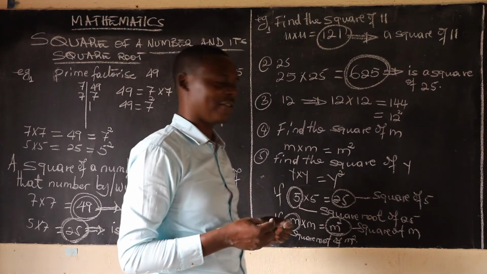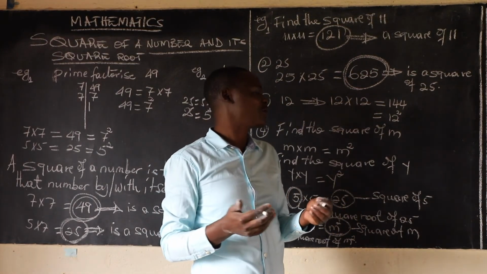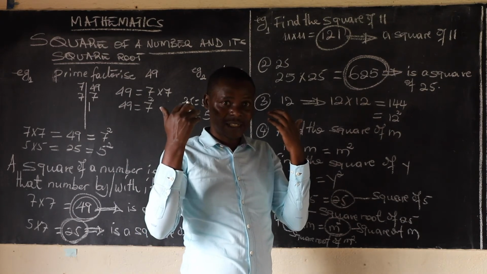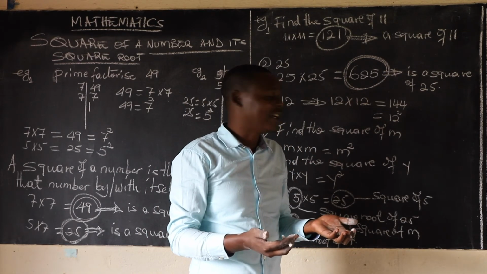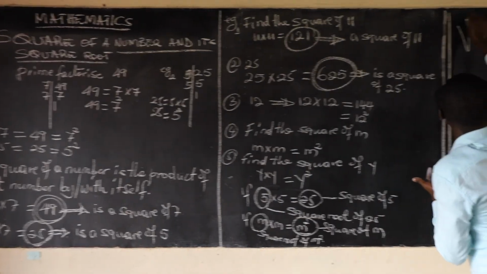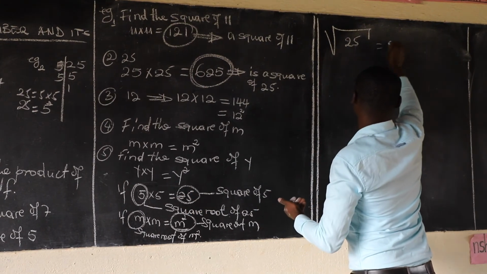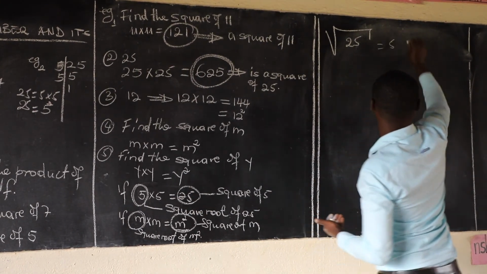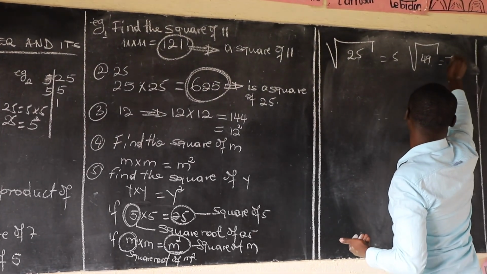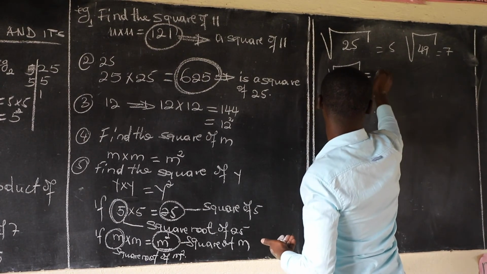Now, my dear friends, we normally have numbers that we should know their squares mentally and their square roots. Let's say if I want the square root of 25, as we saw, I know it's 5. The square root of 49, I know is 7. The square root of 100, I know that is 10.